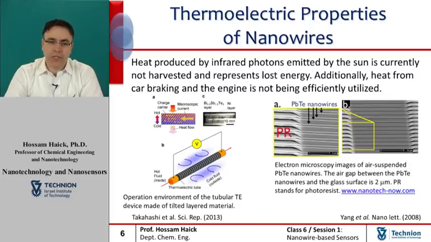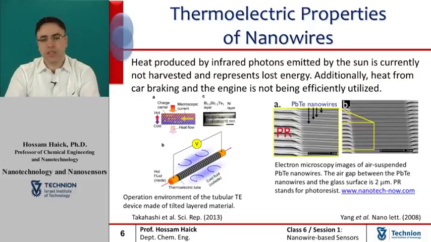Bulk material has traditionally been considered a poor material for thermoelectric conversion because its thermal conductivity is too high. This is because heat travels across the material so well that it's difficult to create the necessary temperature differential.